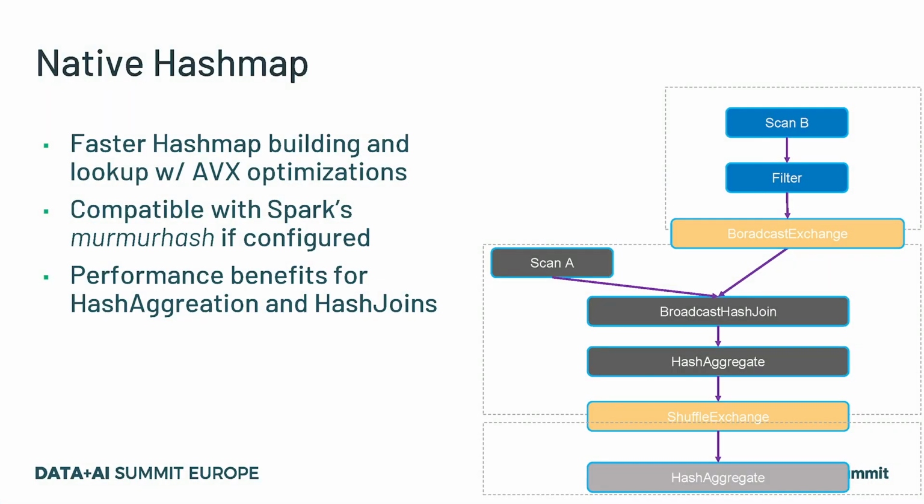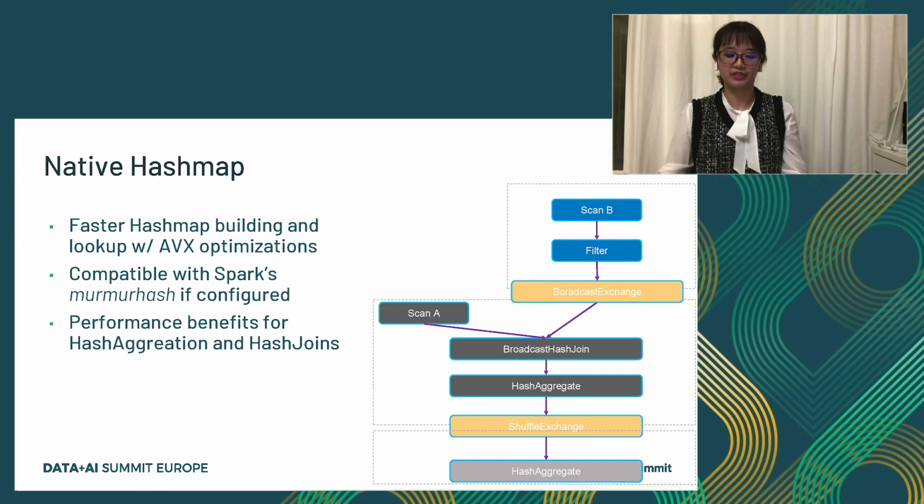Then let's talk about Hashmap. There are two types of Hashmap in our native SQL engine project. One Hashmap is much like Spark's, a Spark-compatible 32-bit hash algorithm with an open addressing approach to handle hash collisions.